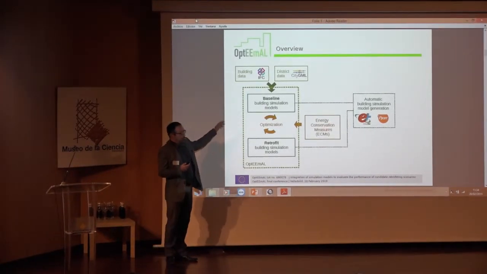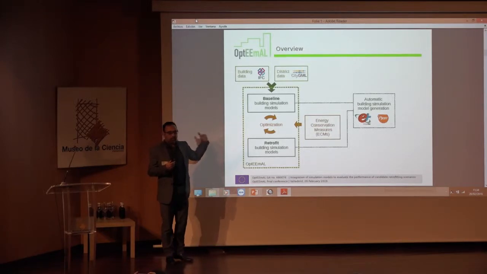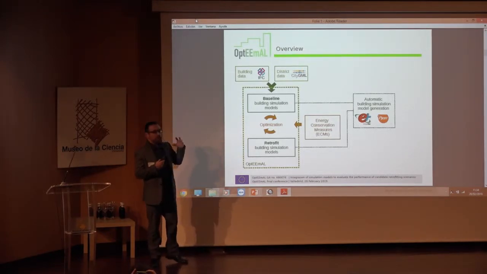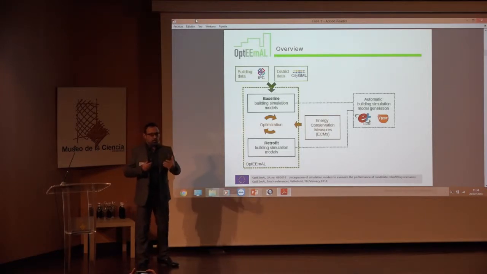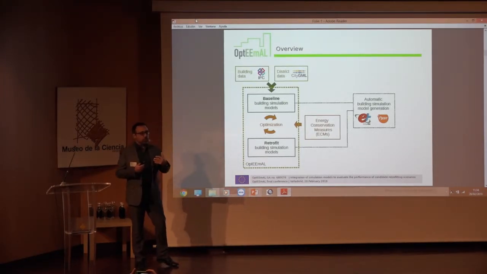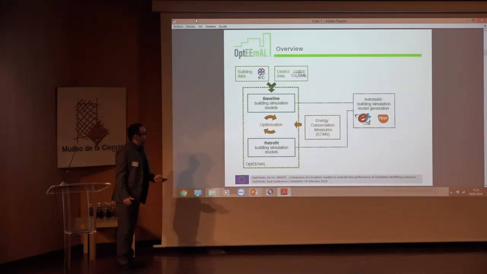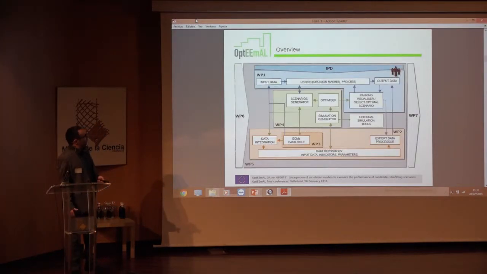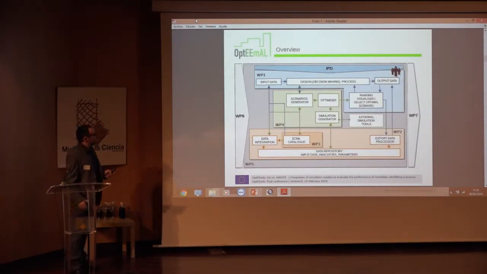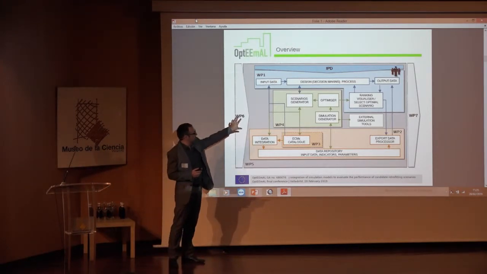And then also during the optimization, where we apply the retrofit measures, we need building simulations in order to assess the retrofit measures, called energy conservation measures. So this is the overall picture of the project, and basically the scenarios generate the simulation.